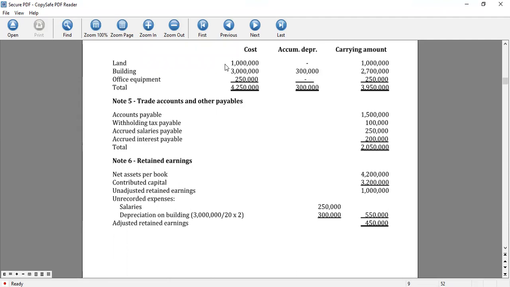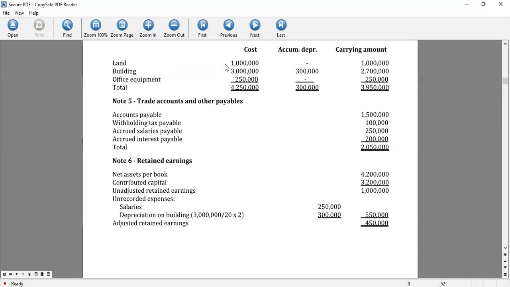The net assets per book is 4,200,000. The contributed capital, that's your 30,000 shares, including the premium. So 3.2 million. The unadjusted retained earnings is 1 million.